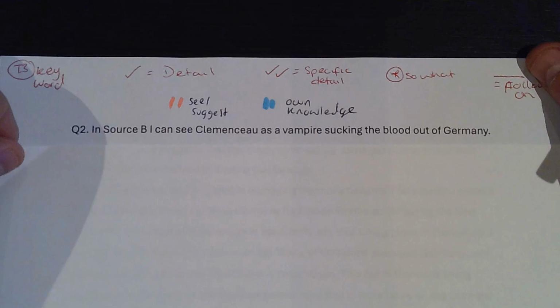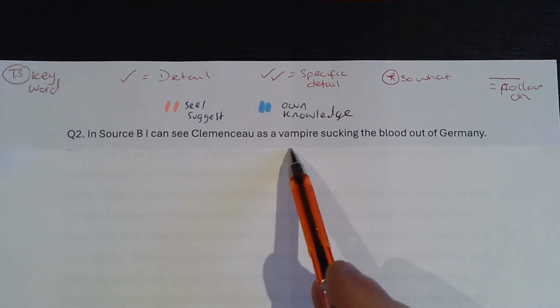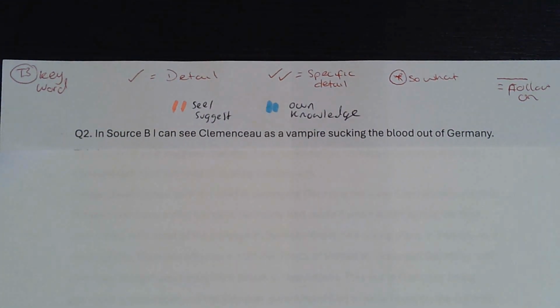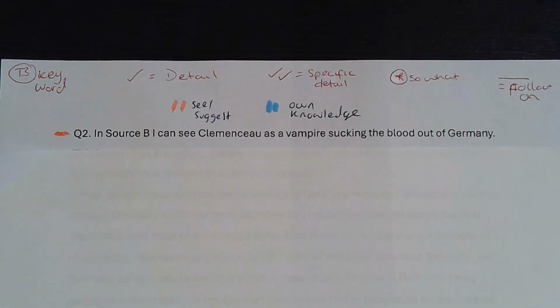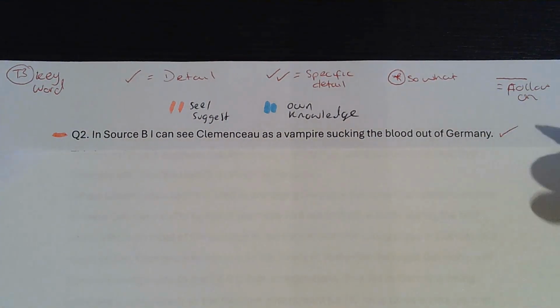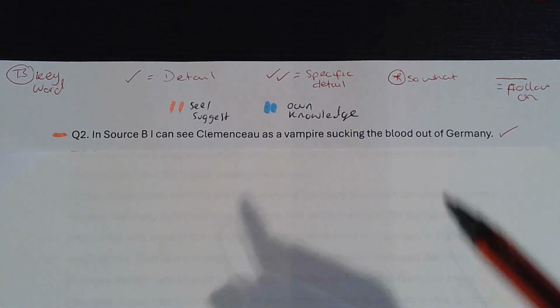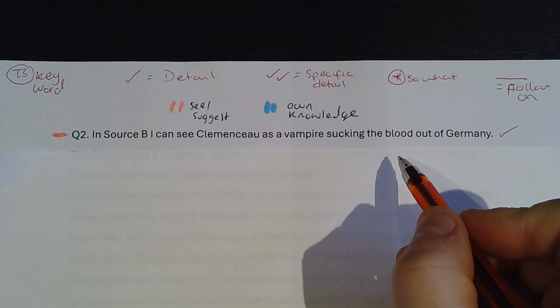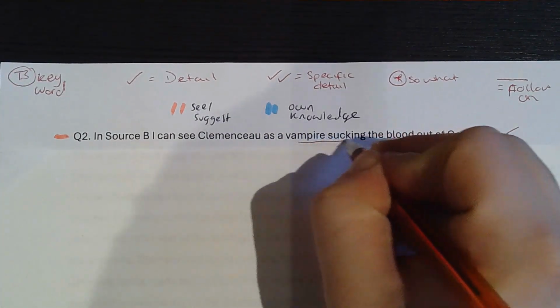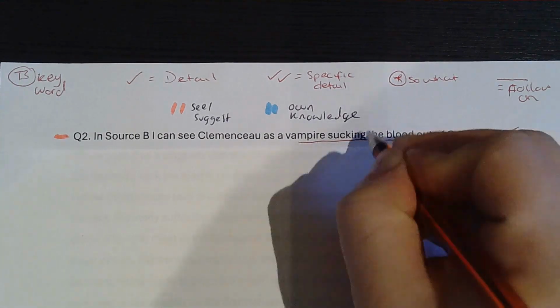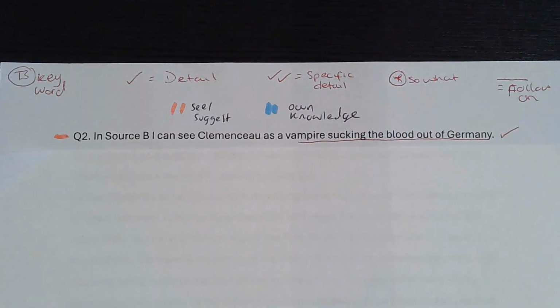So in Source B, I can see Clemenceau as a vampire sucking the blood out of Germany. I've told the examiner what I can see. So okay, that's correct. Good stuff. What I'm going to underline now is the fact that the vampire is sucking the blood out of Germany. Because it's sucking the blood out of Germany, it's weakening Germany.